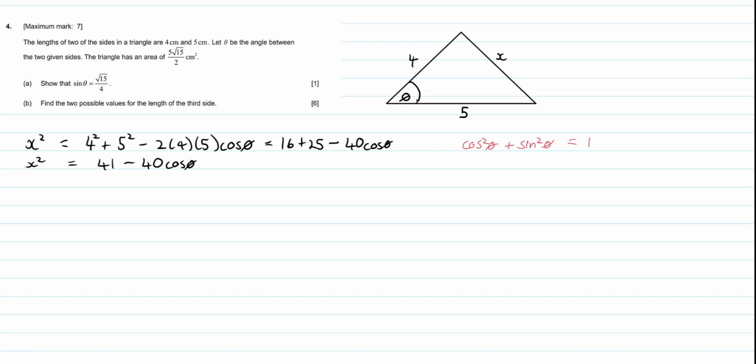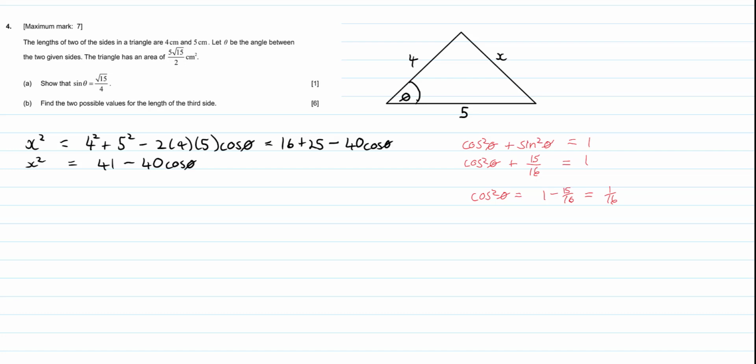So just substituting that value into our trig identity, we're going to get cos squared theta plus root 15 over 4, all squared, which is 15 over 16, is equal to 1. So cos squared theta is equal to 1 minus 15 over 16, which is equal to 1 over 16.